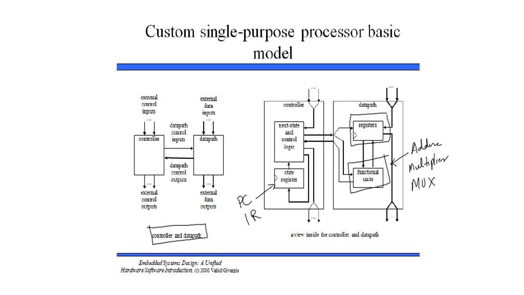These are some of the functional units available in the data path. Let's say you want to perform an addition of two numbers. It will get the numbers from the input, let's say xi and yi, and those numbers will be stored in the registers. Now I have to perform the addition. Who will say to perform this addition?